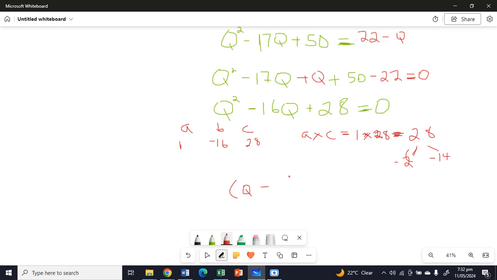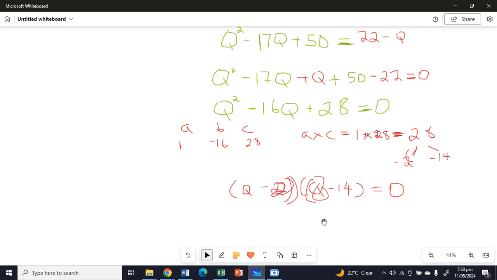So we equate q minus 2 to 0 and q minus 14 to 0. It's taking long to show when I write here, it's lagging. So you're going to do q minus 2 equals 0, q minus 14 equals 0.